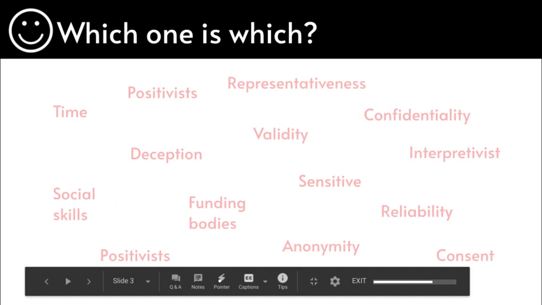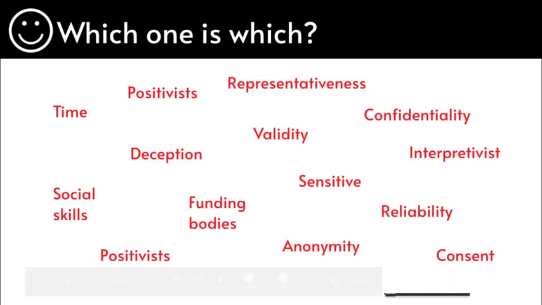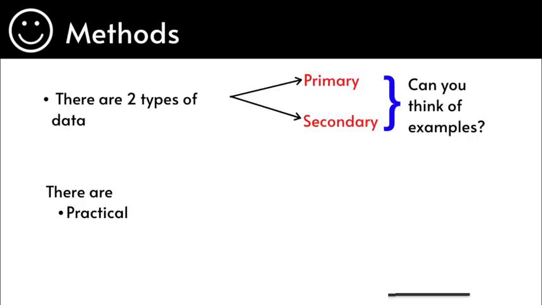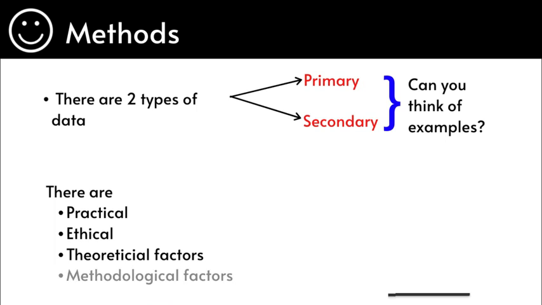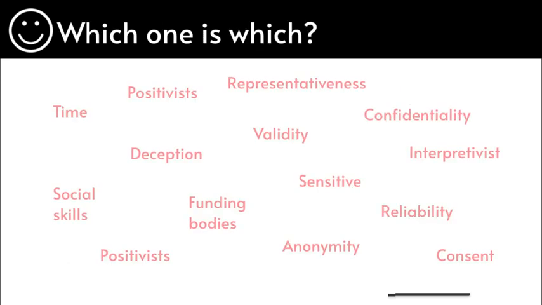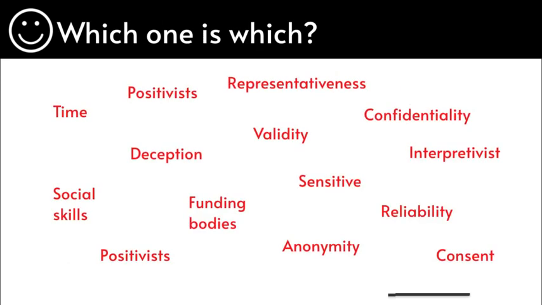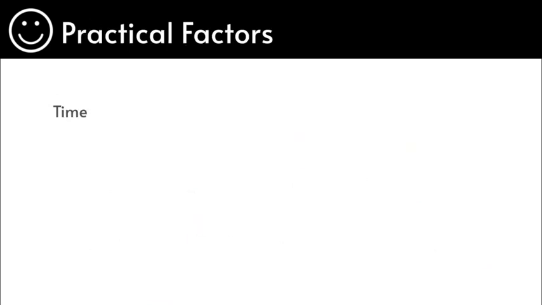So which one is which? Okay, so this is a small little grid with every word. You need to tell me which one is ethical, which one's practical, theoretical, and methodological. So here's the grid. You can note the words down, highlight it in different colors if this helps to know which one is which, okay? So let's begin with practical factors.